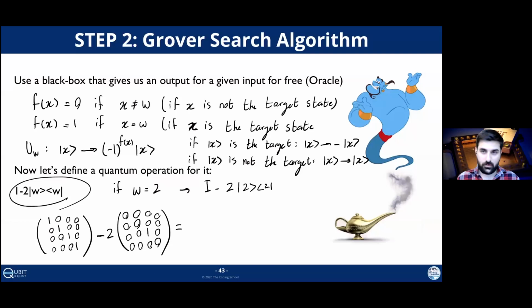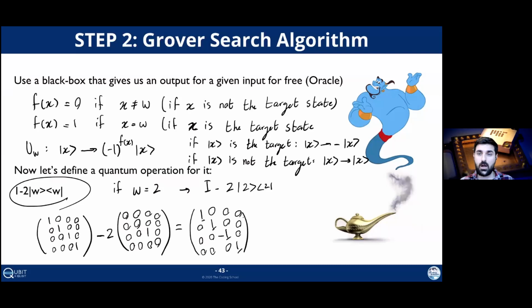Now, if I do the simple subtraction, what I end up with is a 1 on the diagonals everywhere, except for the matrix entry for the correct answer. So it's going to look like this. And again, the zeros you can just ignore. So everything on the diagonal here, we have 1, 1, and then a -1 where the 2, 2 element is, and another 1. So that's all there is to it.